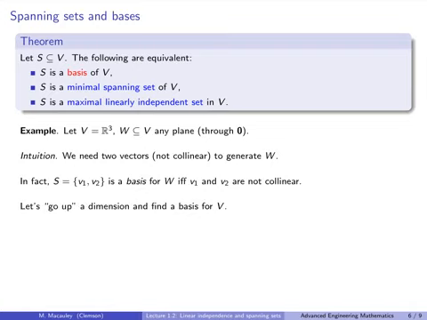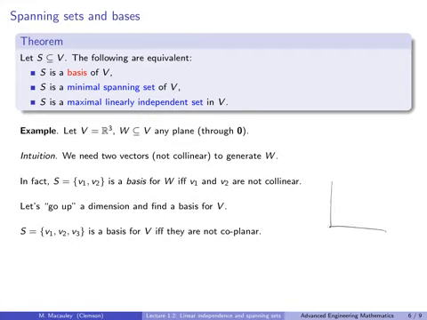Let's go up a dimension and find a basis for the whole vector space, R3. In fact, if you have any 3 vectors, I claim that that is a basis for V if and only if they are not coplanar. Now let's convince ourselves of this. Well, we've seen pictures like this earlier in the lecture. If you have V1 and V2 that are not collinear, then they generate this plane, or they span the plane.